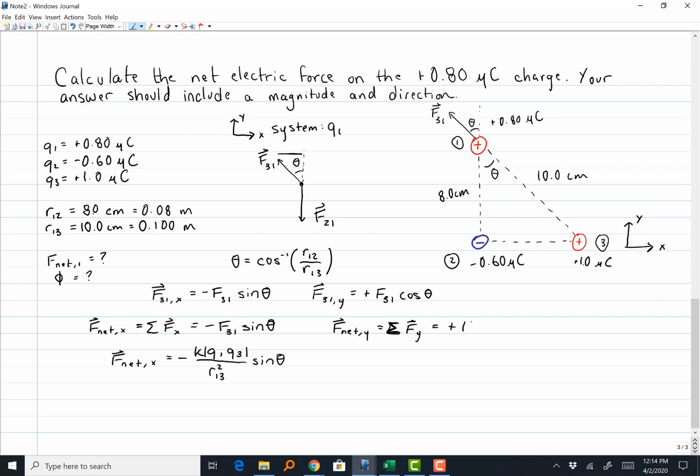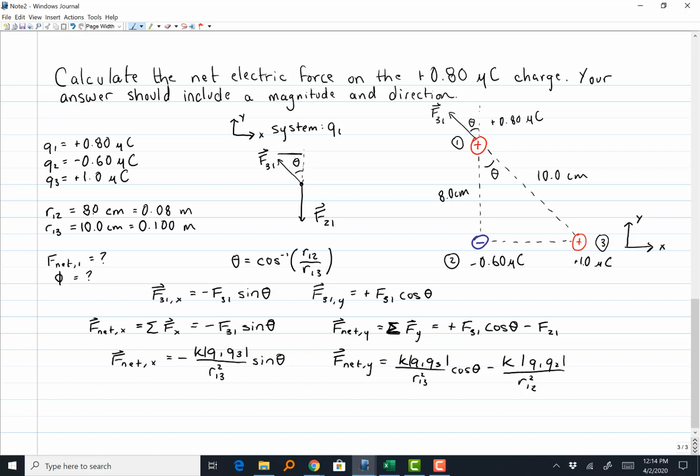So I'll have a positive force of 3 on 1 times the cosine of theta, to get that y component, and then that will be reduced by the magnitude of the force from 2 on 1, which is pointing down, so it'll be subtracting. Again, I can write this out a little bit more expansively. Alright, and I can get values for each of these.